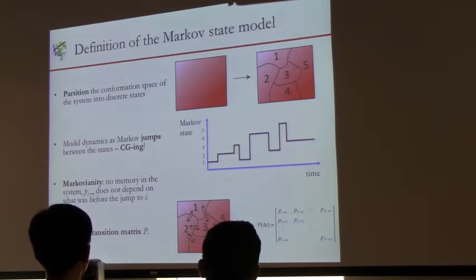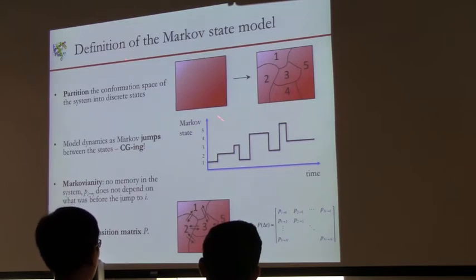That may be, for example, all Cartesian coordinates of all atoms in the protein or RNA or whatever else we're interested in, and the configuration space defined by those fine-grained degrees of freedom should be partitioned into a small number of regions, like so.